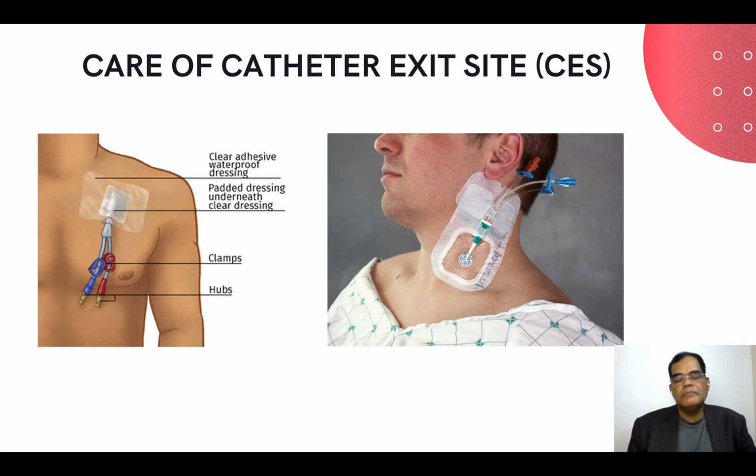Once the catheters are placed neatly, they look like this, very clean, no discharge, no blood coming out or fluid oozing out, and it will be dry in nature. And we need to apply a transparent dressing over here so that we can see if there is any discharge coming out from this area.